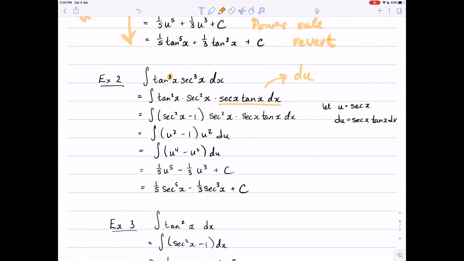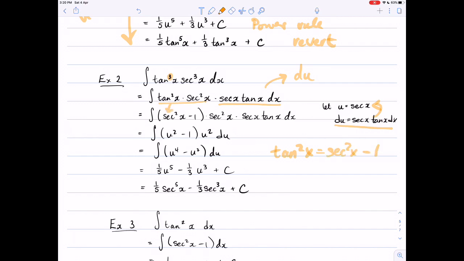And if that is your du, what had to be u? Well, it has to be the secant. So you are going to go ahead and rewrite everything that remains in terms of the secant, right? So the tangent, if you rearrange that identity, the tan squared is secant squared minus 1.